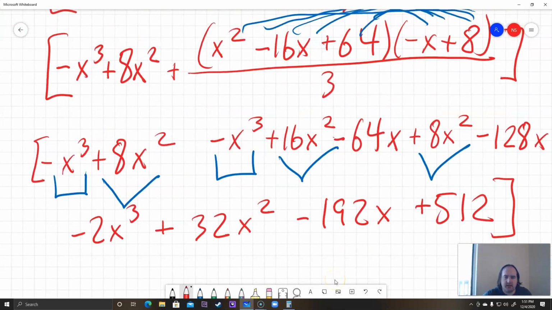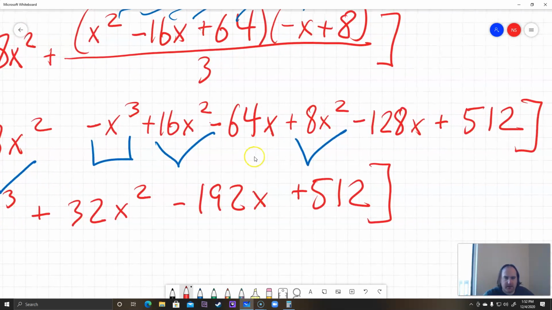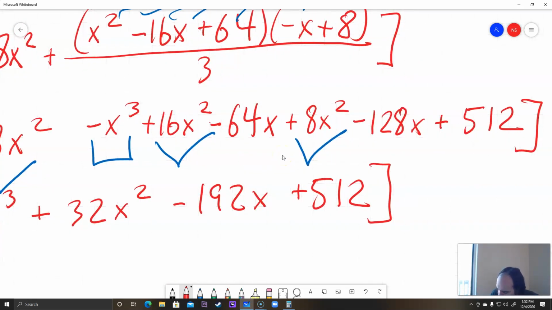Oh no, I made a mistake here. This was all supposed to be over 3. So what I should have done is written this all over 3. I don't know why I forgot about that. I guess I'm tired.